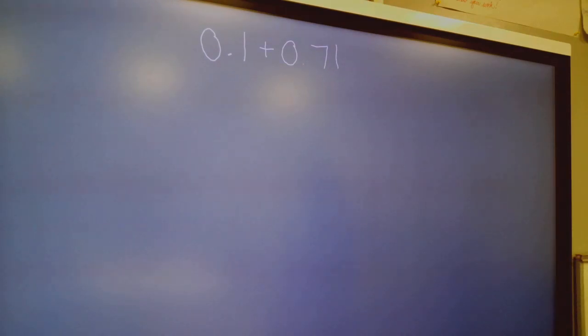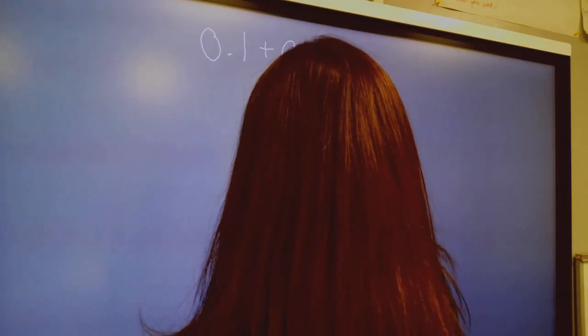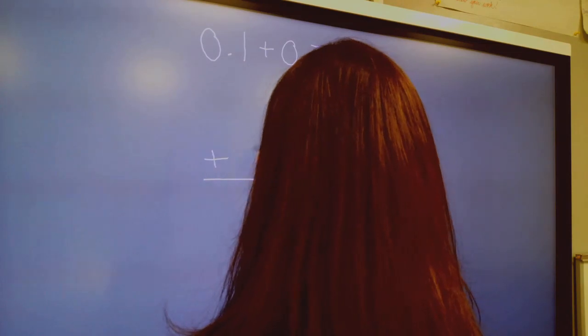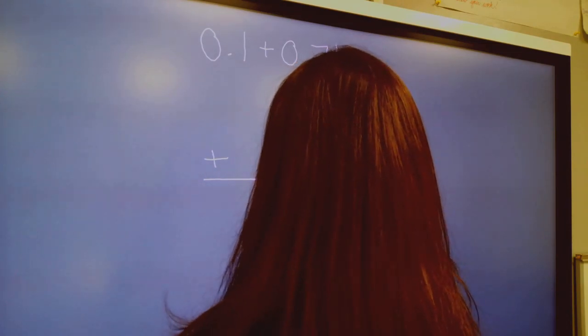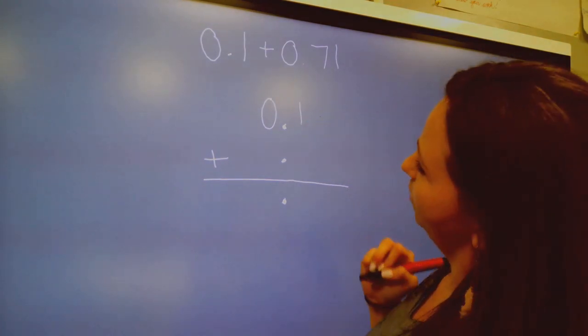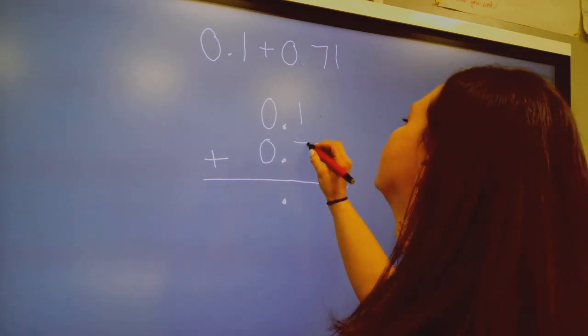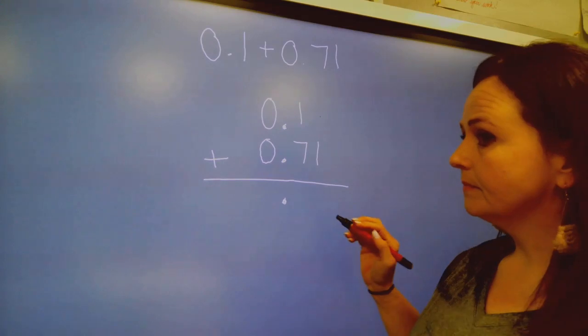Okay. 1/10 plus 71/100. Should I add them together while they're horizontal like that? No. I should stack those decimals up. Line those decimals up. There we go. I have a 0 in front of the decimal and a 1 behind it. 0 in front, 71 behind it.